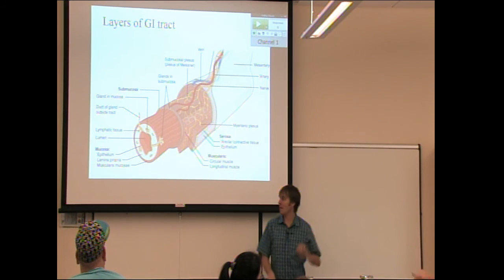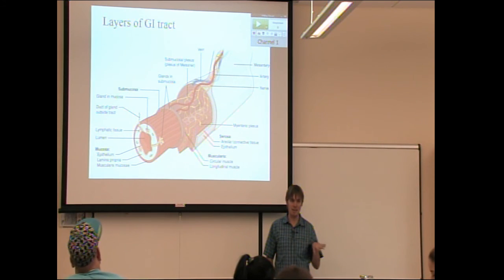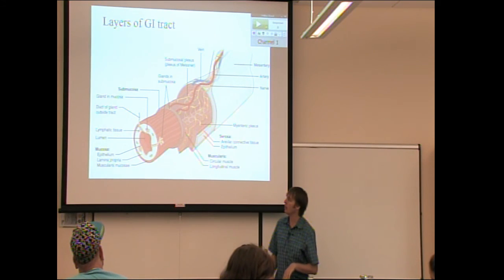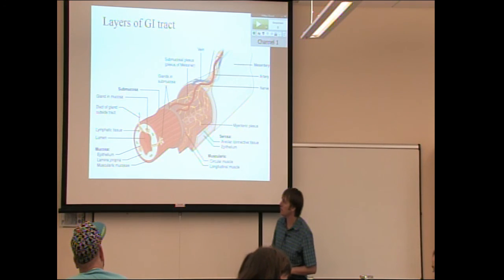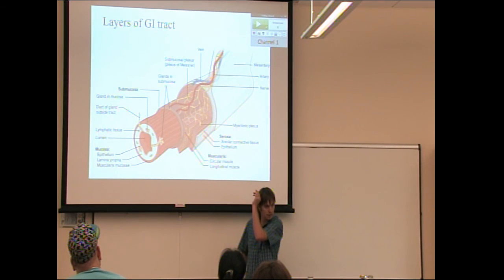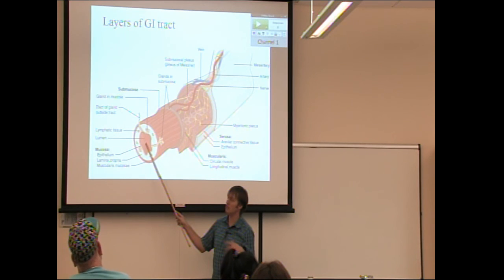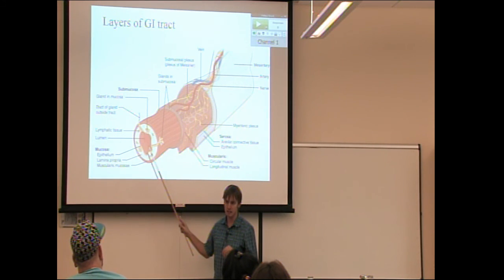All right, so everything in the GI tract has these same layers, all the way from the stomach down to the large intestine, and I guess the esophagus too. You've got the lumen, which is the biology word for an open interior area.